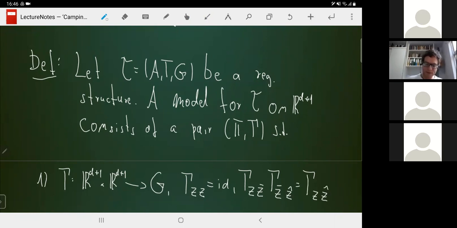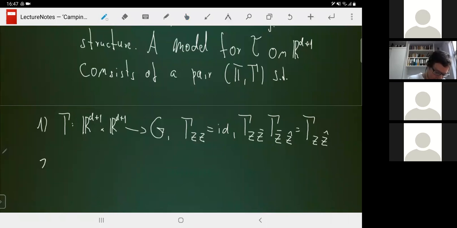The way to think about this condition is: Gamma takes a polynomial centered around z-hat and we center it around z. It's the same as first centering around z-bar, and then from z-bar to z. It shouldn't matter if you directly recenter from z-hat to z, or take some intermediate steps. This is what this condition says.